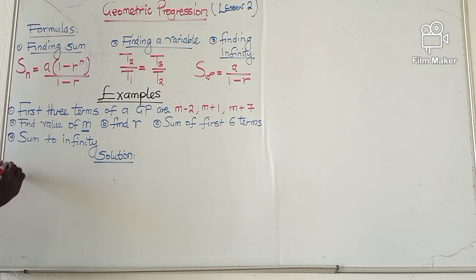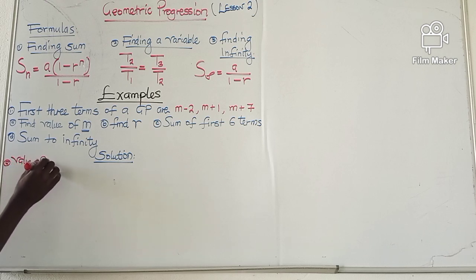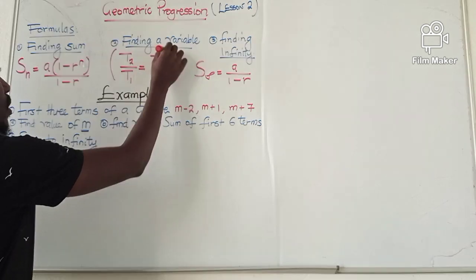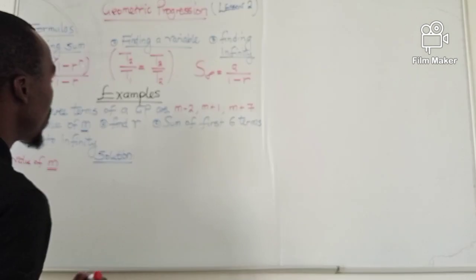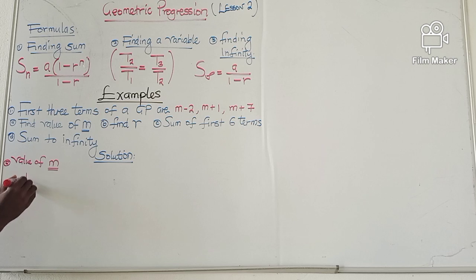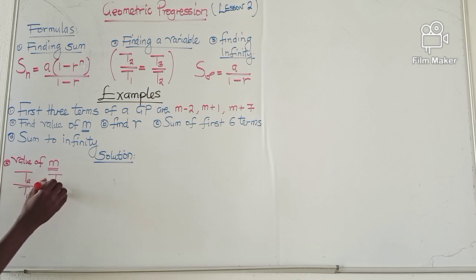So the first one, A, we're finding the value of m. How do we find the value of m? We use this formula for finding a variable. We're going to say second term divided by the first term is equal to third term divided by the second term.